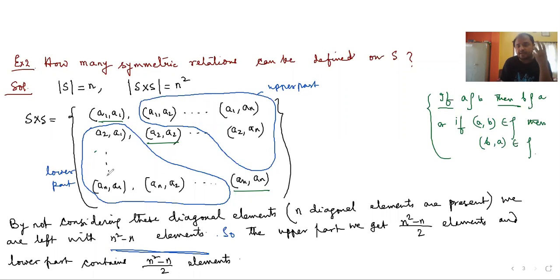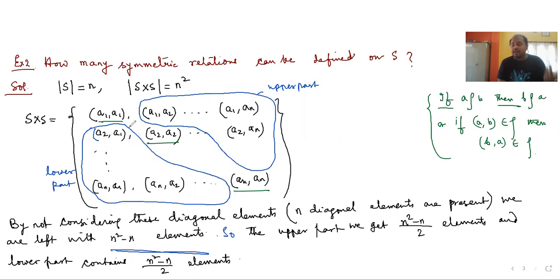Now you want to design a symmetric relation from these elements. What will you do? You can check that all the elements present in the upper part have their twins present in the lower part. If you say that you have a symmetric relation, what does it mean?